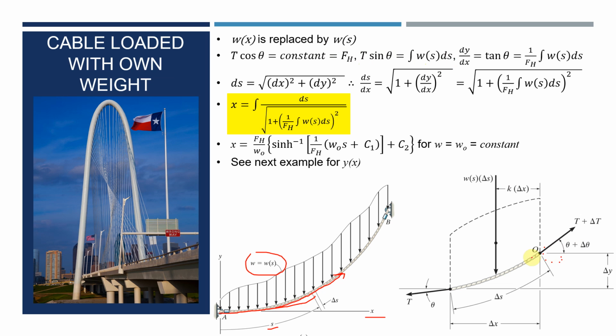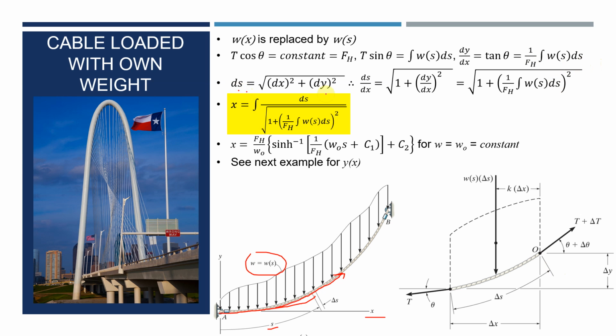T sine theta here would be the integral of w of s ds. For similar reasoning to before, dy/dx is the tangent of theta, equals 1 over F sub H times the integral of w of s ds.